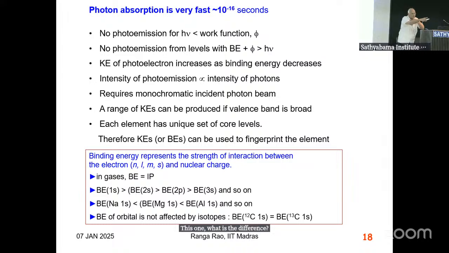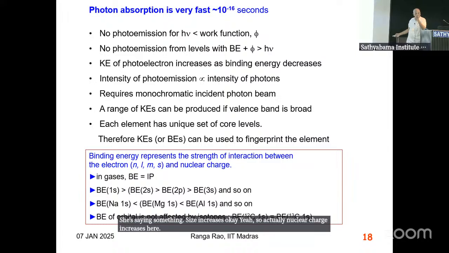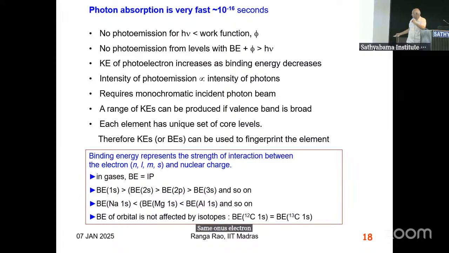Atomic number. She is saying something. Size increases. Okay. Yeah. So actually, nuclear charge increases here. Same 1s electron, nuclear charge increases. Right? See nuclear charge here. Are you seeing it?